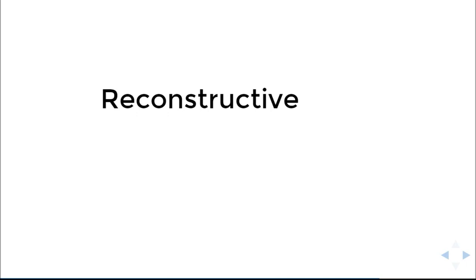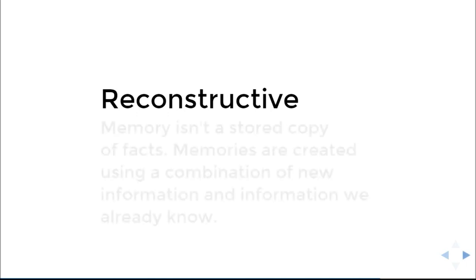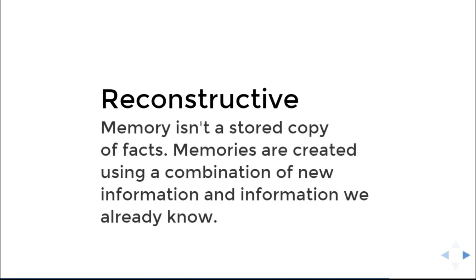So what the reconstructive approach says is that memory isn't a stored copy of facts, and memories are created using a combination of new information and information we already know. So what this basically means is the memories that we store, that we think are the honest representations of what has actually happened, is actually a mixture of what has actually happened and what we think should have happened.